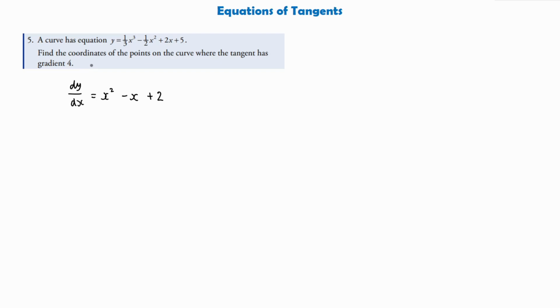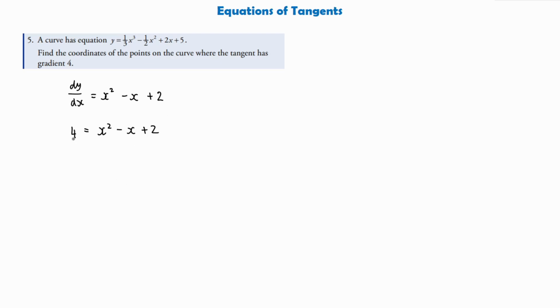Now we are told that the tangent has gradient 4. Because we know that the tangent is 4, and we also know that the derivative at a point x equal to a gives us the tangent, we can simply say that 4 is equal to this equation here. And now what we need to do is just solve for x.